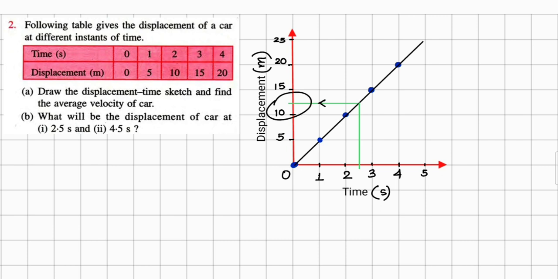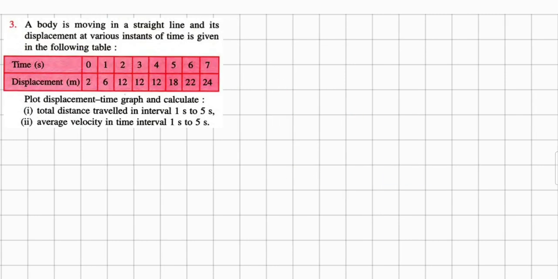So this is approximately in between 10 and 15, that is 12.5. Similarly, they have asked for 4.5 seconds. We'll be drawing a line in exactly the same manner. The displacement of the car at 4.5 seconds will be 22.5 meters. So that's the answer.